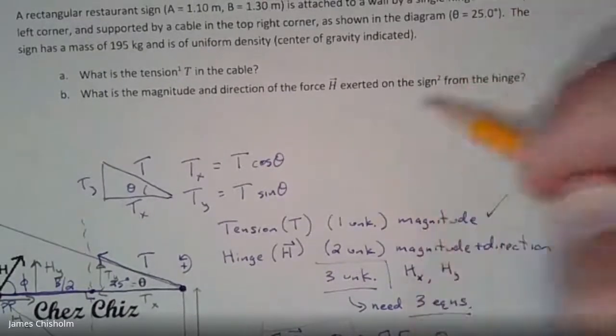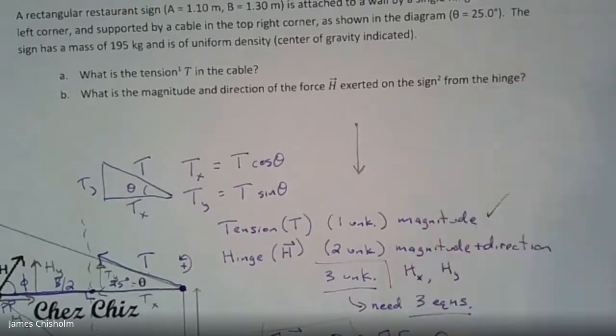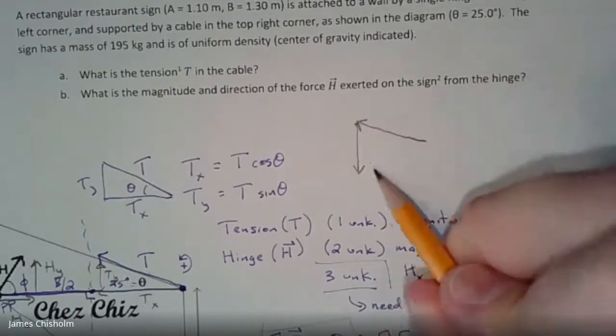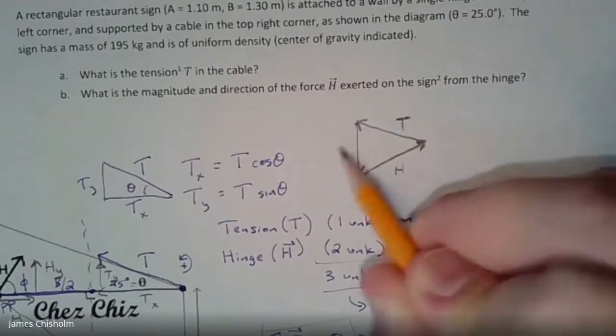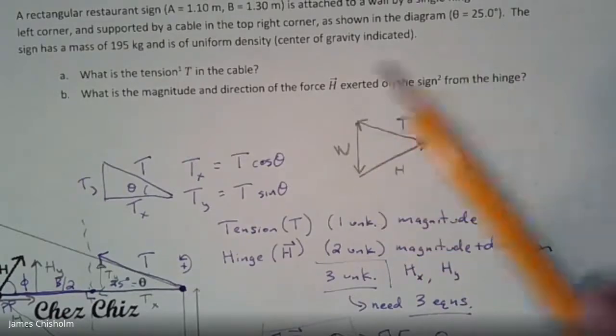In this case, it's going to be a triangle, which means my weight force, which points like this, and my tension, which points like that, must exactly be balanced by my hinge force, which always looks like this. So in fact, it forms an isosceles triangle. And because of where this is located, those are exactly the same length.